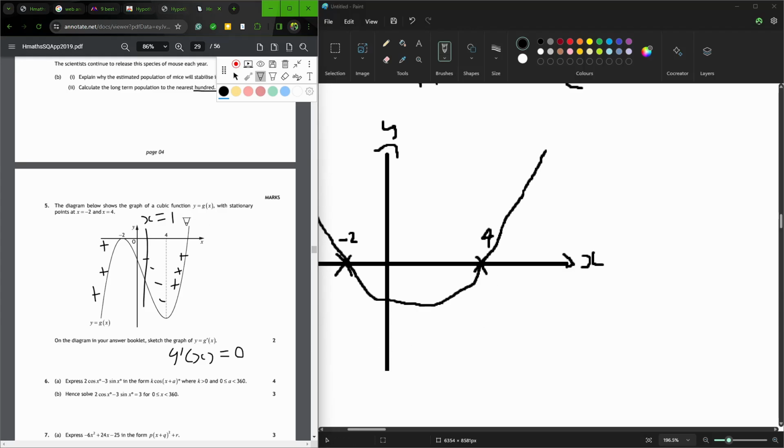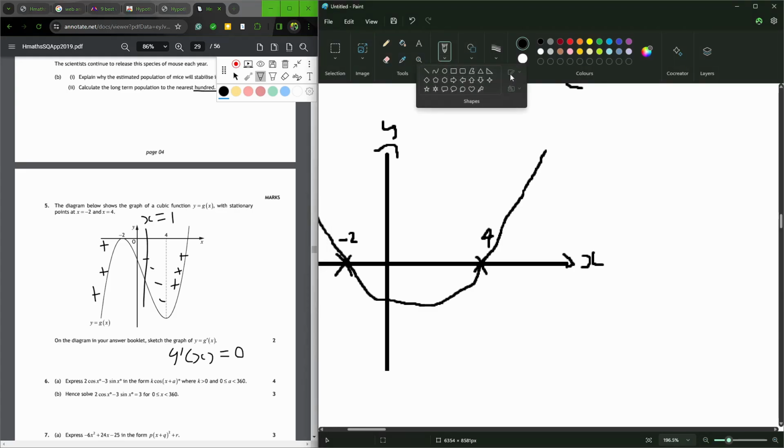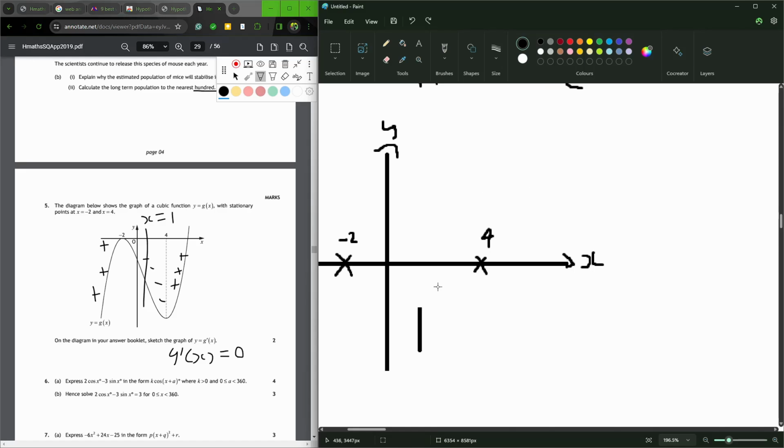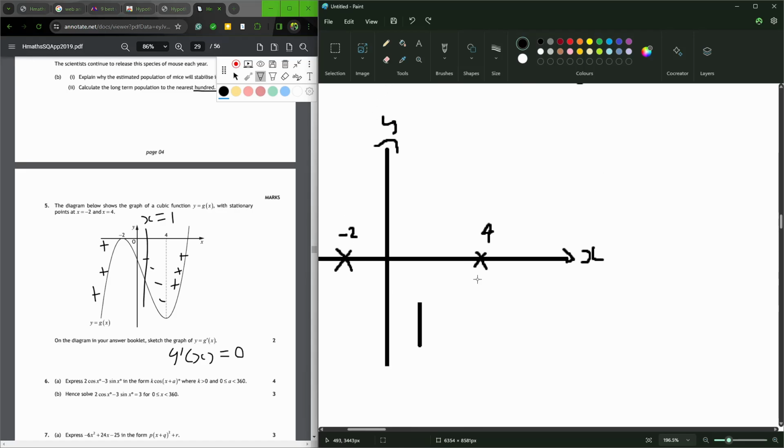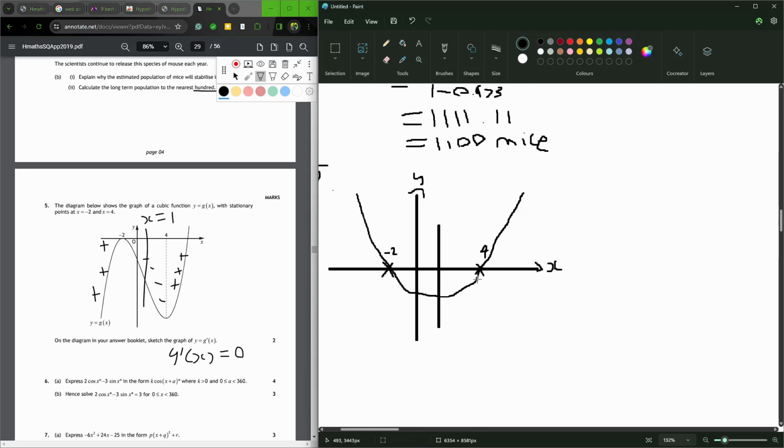You won't need to work out the gradient because it won't tell you, but you can put a dotted line here that says it's at x equals 1. But if I'm reading this correctly, I don't think that's particularly necessary, so I wouldn't worry about it. But I'll draw it in just to make sure you know.